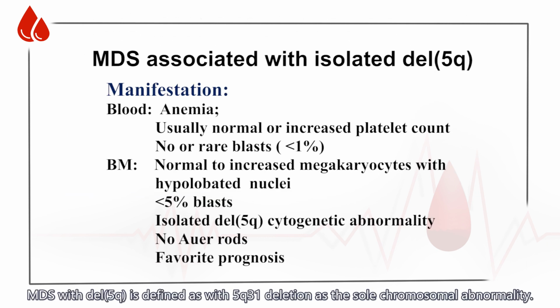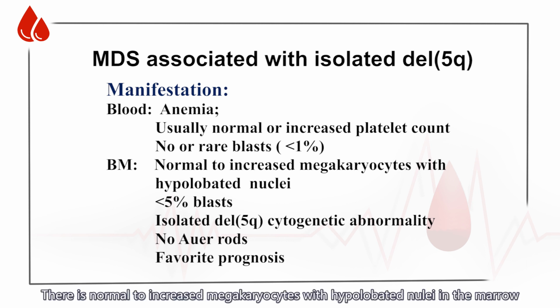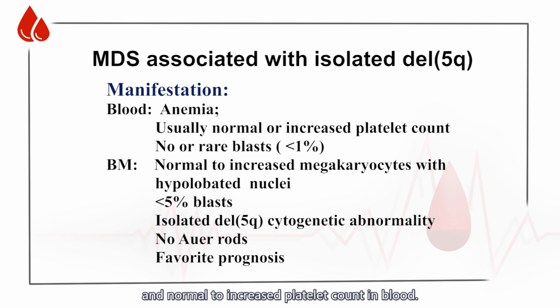MDS with del5q is defined as MDS with 5q31 deletion as a sole chromosome abnormality. There are normal to increased megakaryocytes with hypolobulated nuclei in the marrow and normal to increased platelet count in blood. There are also less than 5% myeloblast, less than 1% blood blast, and no Auer rods.